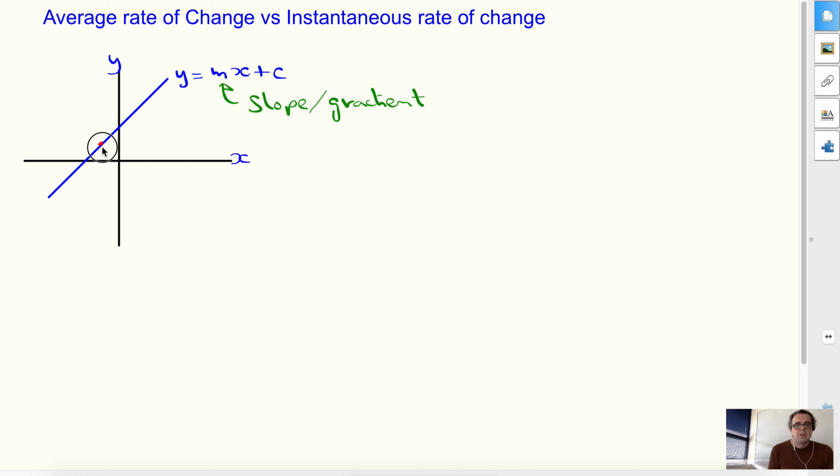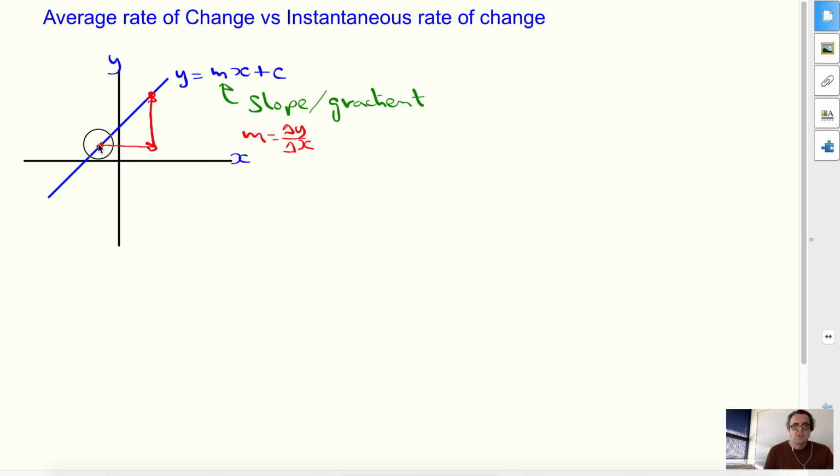When I'm on the line somewhere and I go to the right a certain amount, that's a change in x. Then I go up to get on the line again, that's a change in y. We know that m is the change in y over the change in x. So rise over run. And the number that comes out is the average rate of change.